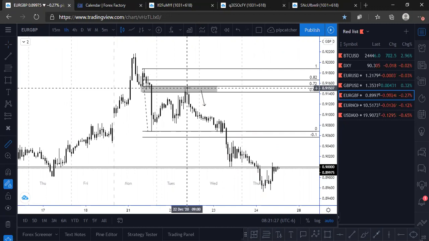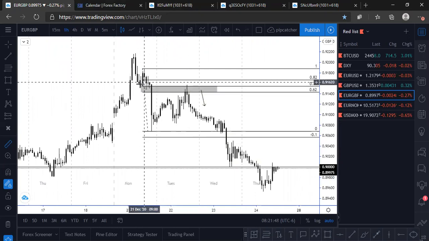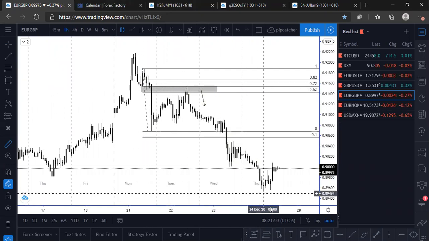The markets are fractal in nature: what you see on a larger scale happens on a smaller scale, and what you see on a smaller scale happens on a larger scale as well. So the style of trading doesn't change even if your time frames do. Same setup, just bigger moves, right?